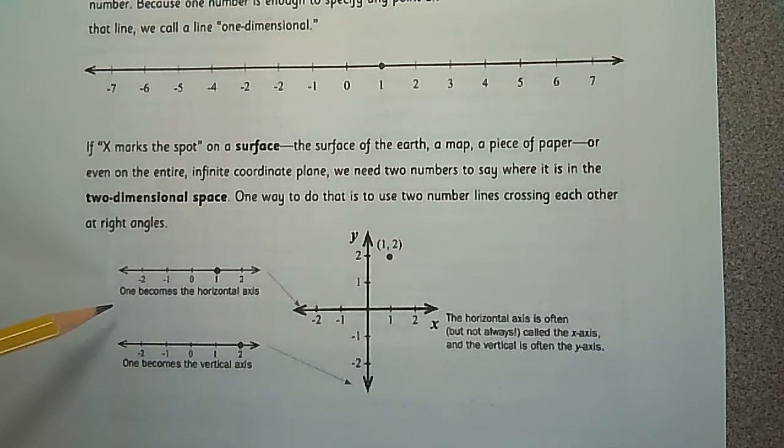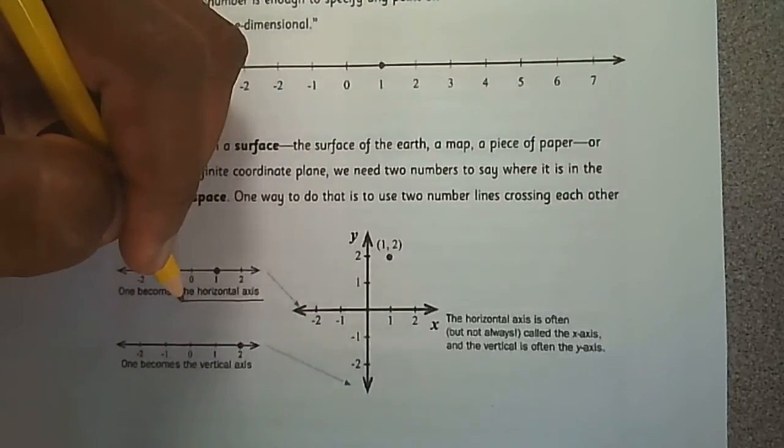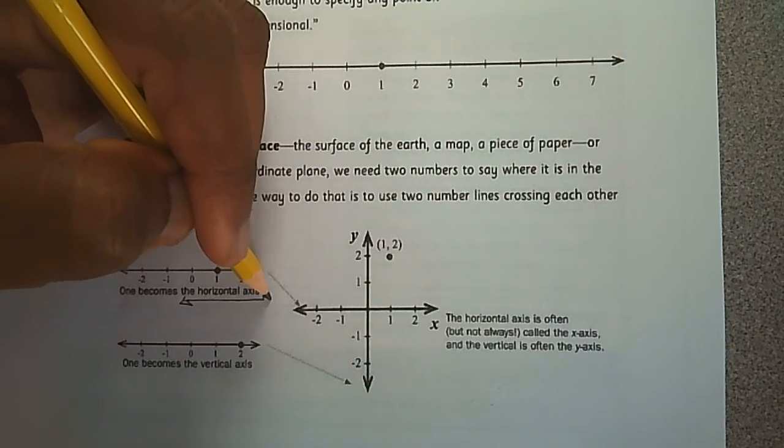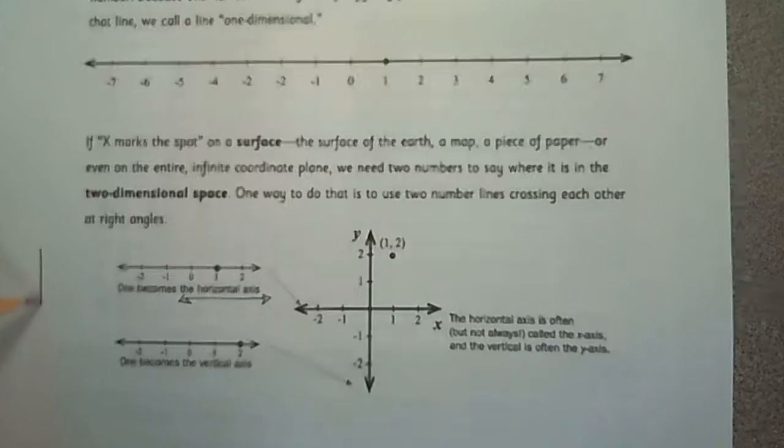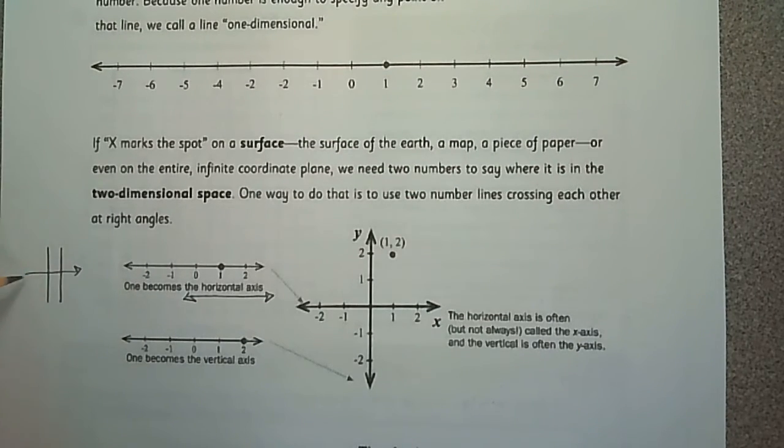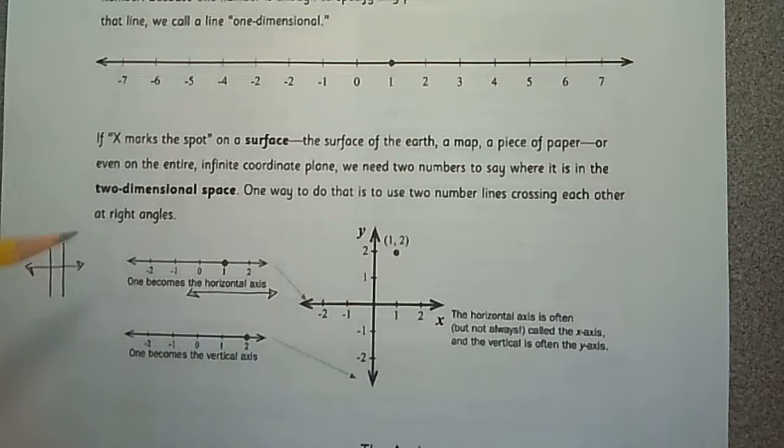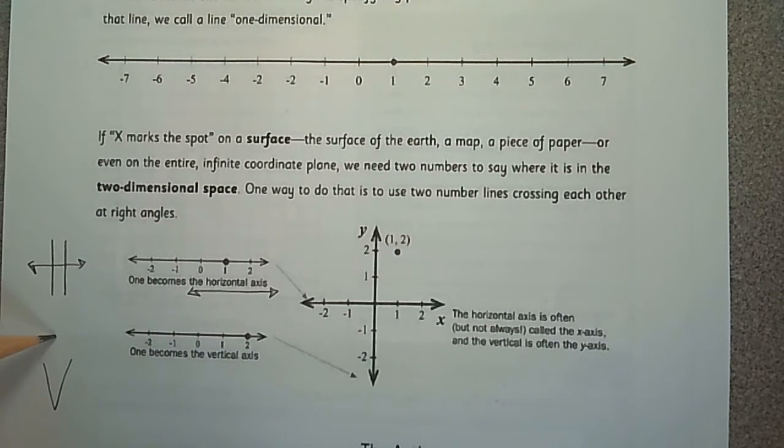So one becomes the horizontal axis, right? Horizontal goes left to right. And then one becomes the vertical axis. Vertical goes up and down.